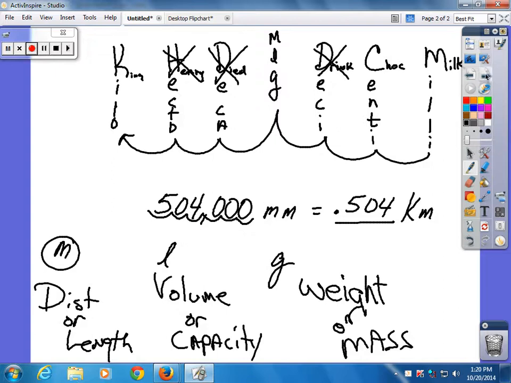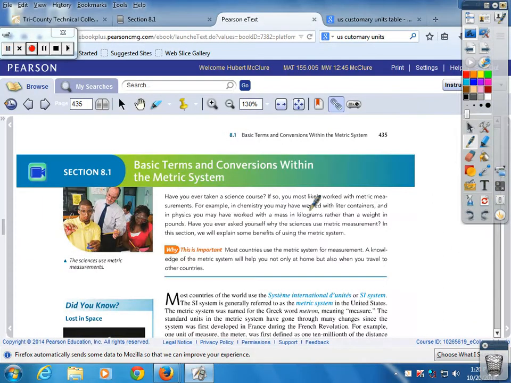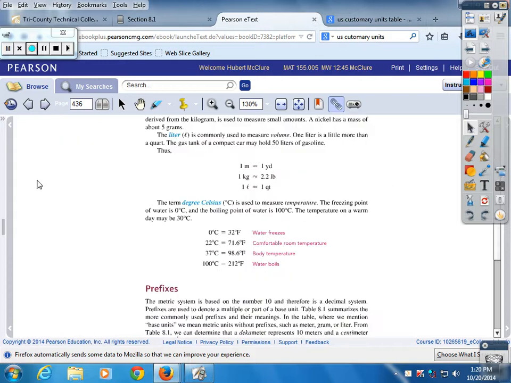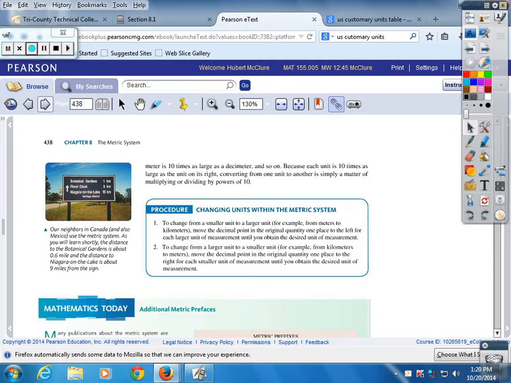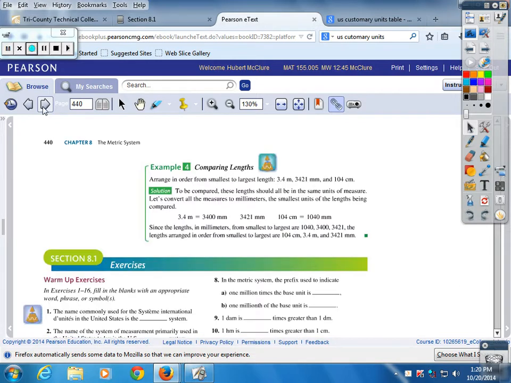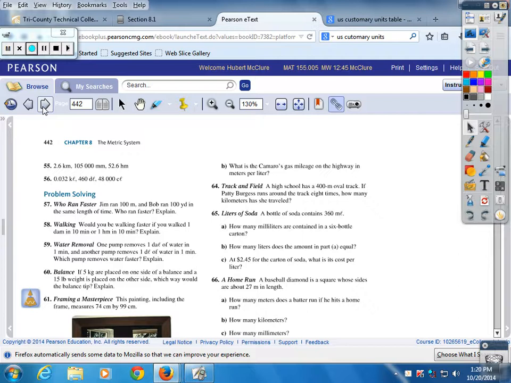All right, let's look at something else. That's 8.1, metric conversion. I'm not going to spend a lot of time on that. On 8.2, that's probably going to be area, but we'll go ahead and look at it. Again, I'm not going to spend a lot of time on area because that's something a lot of you should already know about.